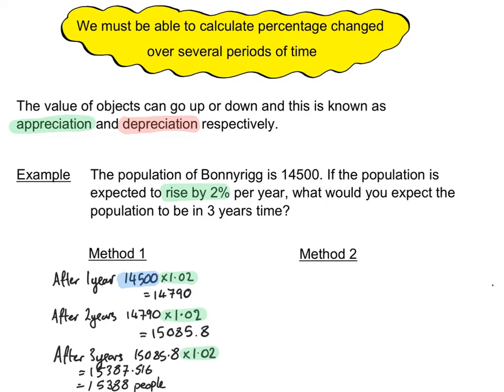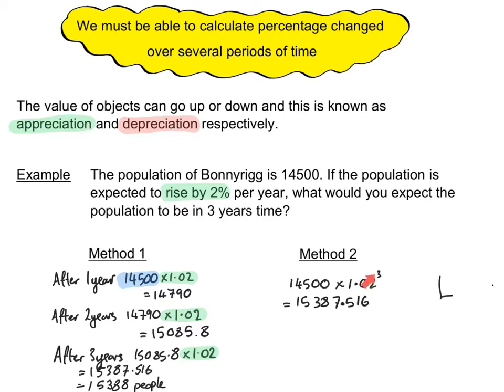The quicker way to write that is 14500 times 1.02 times 1.02 times 1.02, but a quicker way to do that again would be 1.02 to the power of 3, which we know is the same as 1.02 times 1.02 times 1.02. Typing that straight into my calculator, it's going to give me 15387.516.